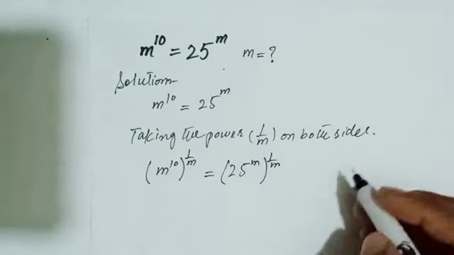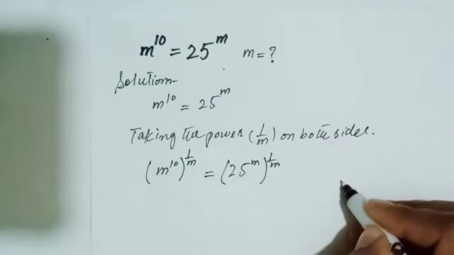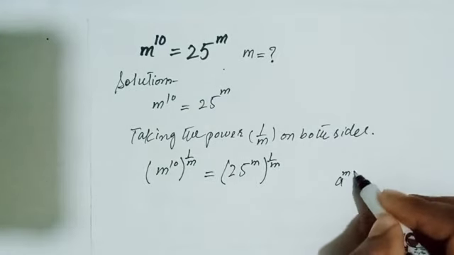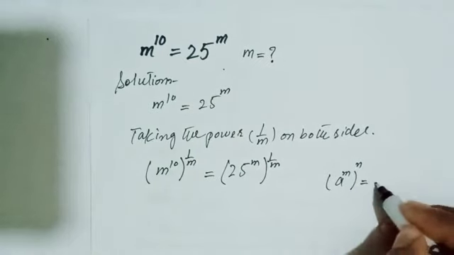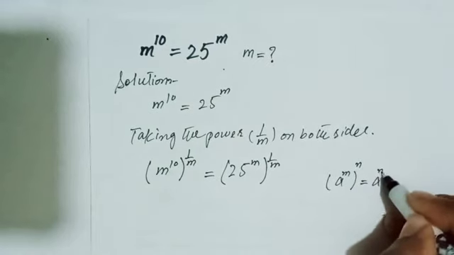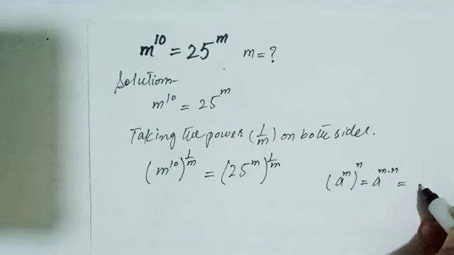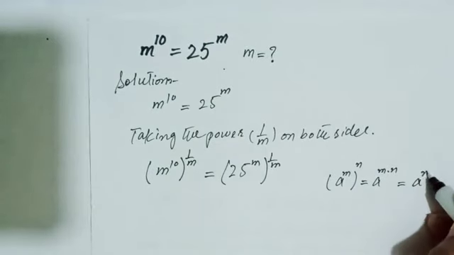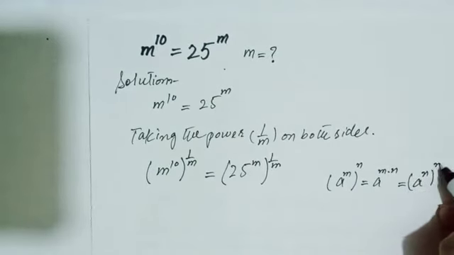So here I'm going to use the rule that a to the power m to the power n equals a to the power m times n, and we can reverse the powers.